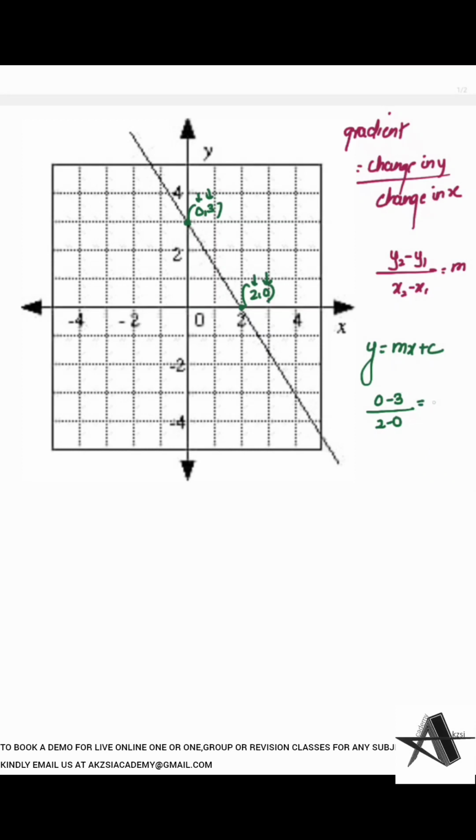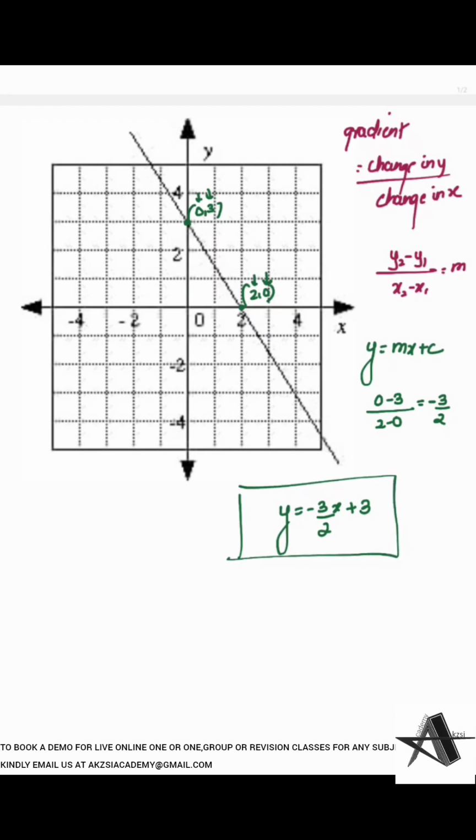So the gradient is negative 3 over 2. And the y-intercept is the point at which the line cuts the y-axis, which is 3. So I can say y equals negative 3 over 2 x plus 3. This is your equation of the line.